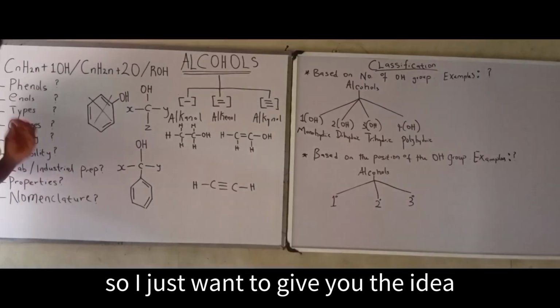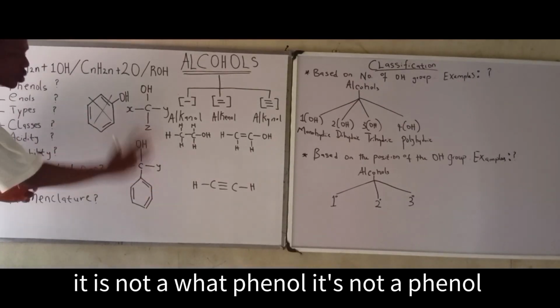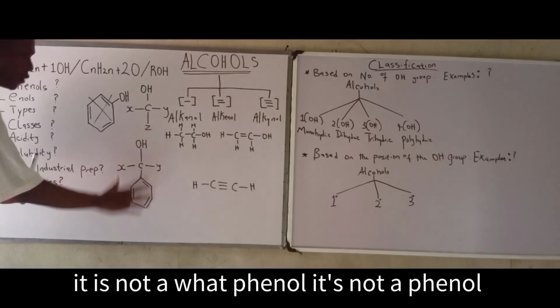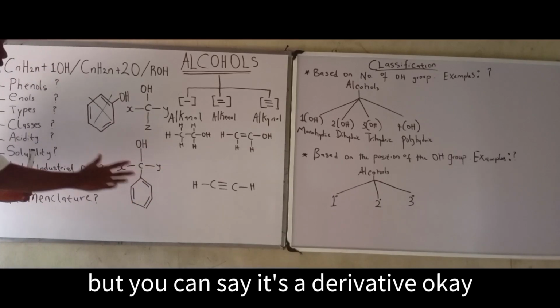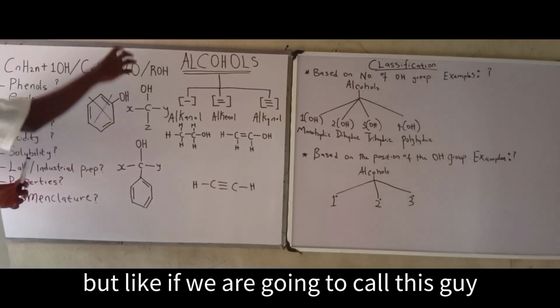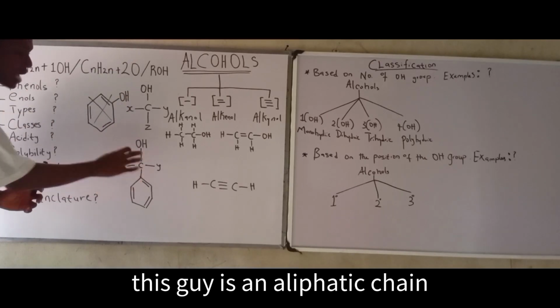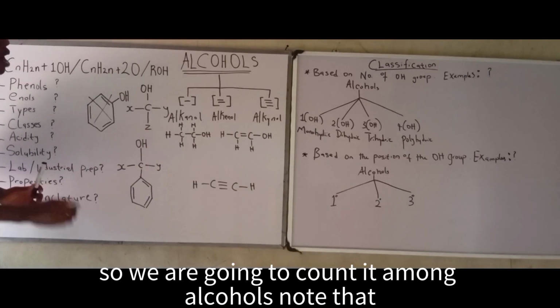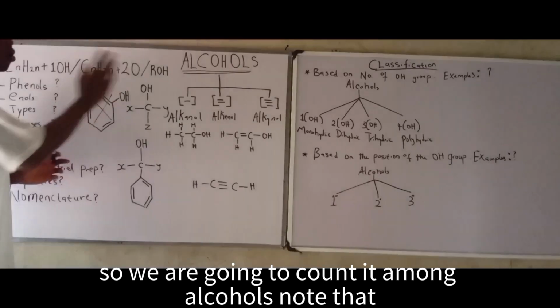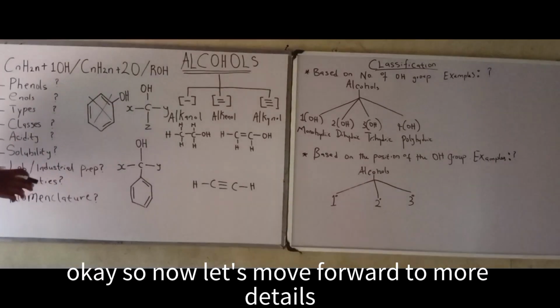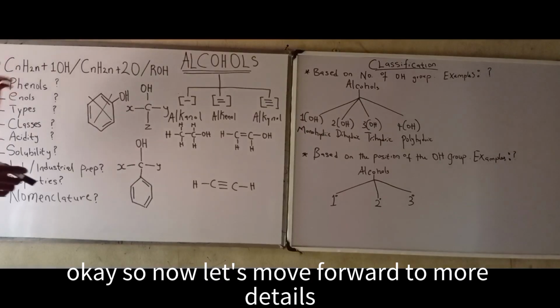So I just want to give you the idea. It is not a phenol, but you can say it's a derivative. Since it is an aliphatic chain, we are going to count it among alcohols. Note that. So now let's move forward to more details.